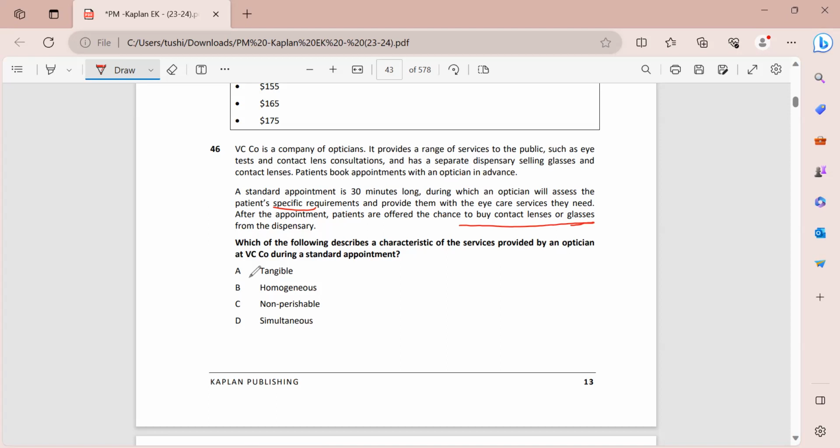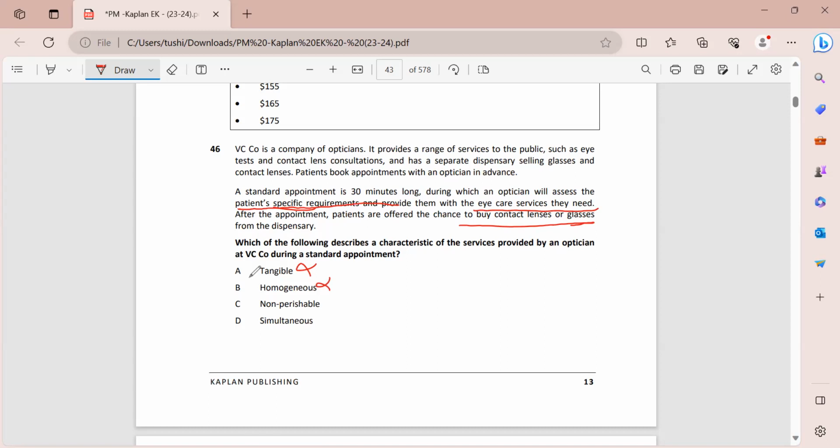So, services are tangible. No, services are not tangible. In fact, they are intangible. They cannot be seen or touched, right? So they are not tangible. Then homogeneous, definitely not. Why? Because the procedure is that they are providing for specific requirements, and then eye care services that they specifically need.